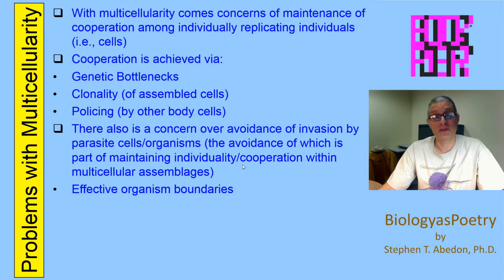Thus, for example, you have ants which might have a relatively small number of entrances to their colonies, and those entrances represent essentially boundaries that can be relatively easily defended.